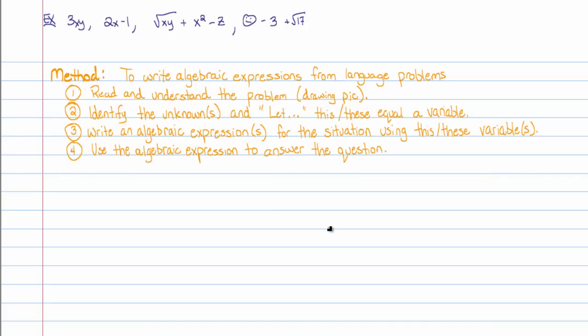Finally, we are going to use the algebraic expression to answer the given question. So the steps are basically read and understand, possibly draw a picture to help you out, identify the unknown, let your variable equal that, write an algebraic expression involving that variable, and then use that algebraic expression to answer the given question.